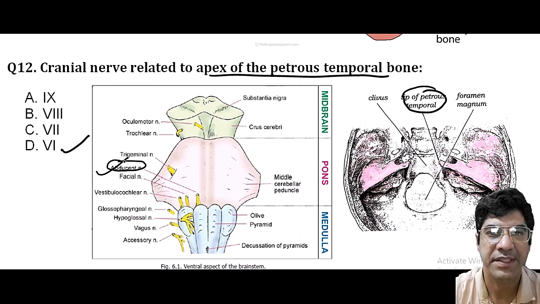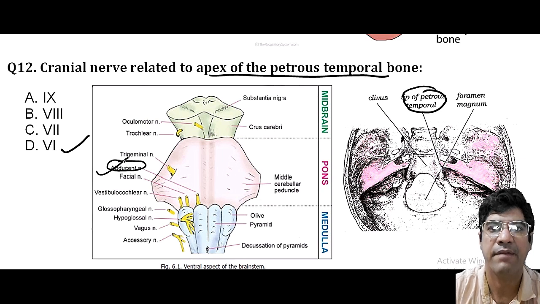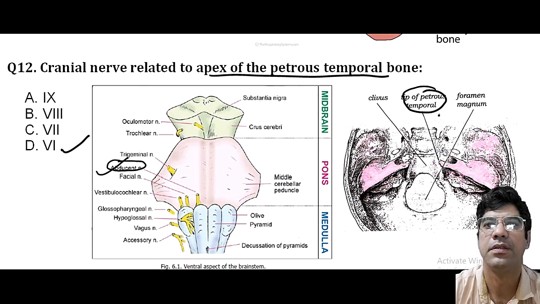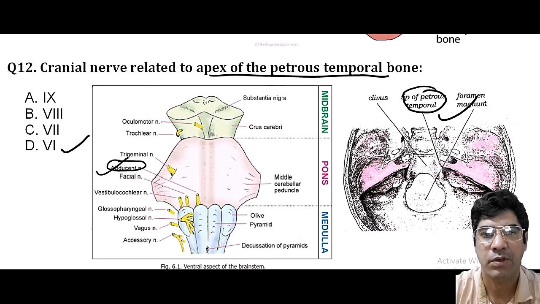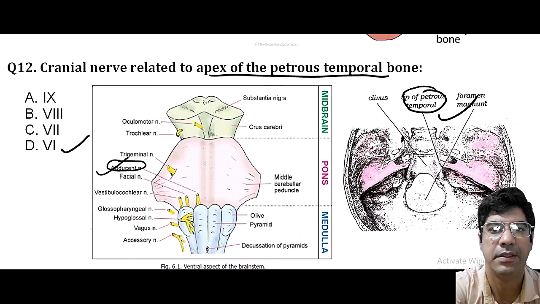It then passes through the apex of petrous temporal bone before entering the cavernous sinus. So a lesion or compression at this point can lead to problems with eye movement, like the inability of the eye to move outward, resulting in horizontal diplopia. So answer is D.